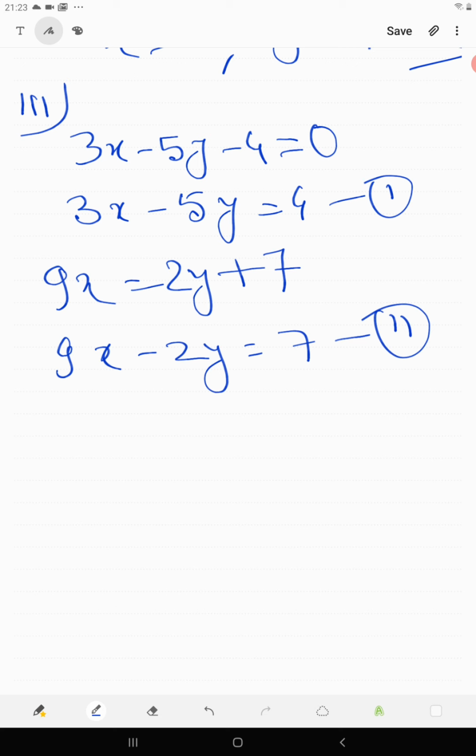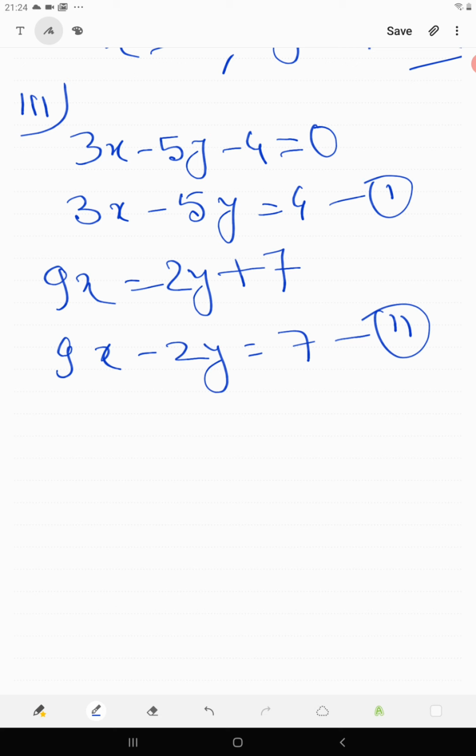If you multiply equation 1 with 2 and equation 2 with 5, then the number associated with y will be the same. It will be 10, and for the second one also it will be 10. Then subtract the second equation from the first, and you will get the value for x. But here I am taking x, so that you will be satisfied that it can be solved if we do it for x also.